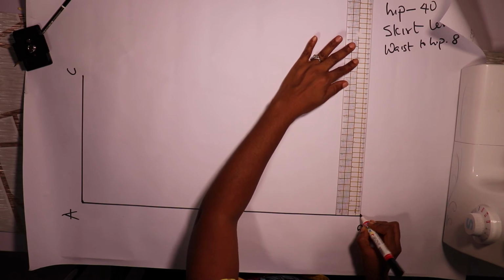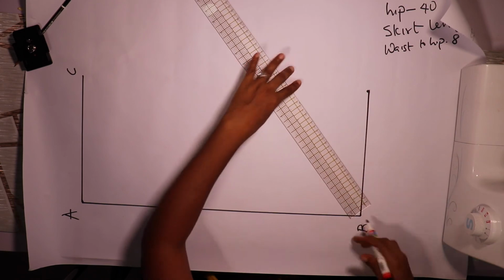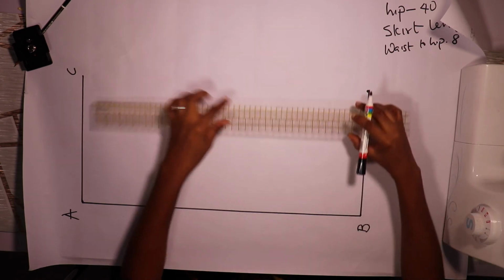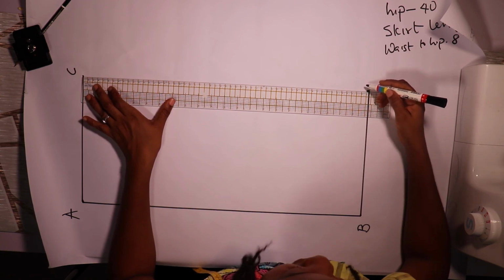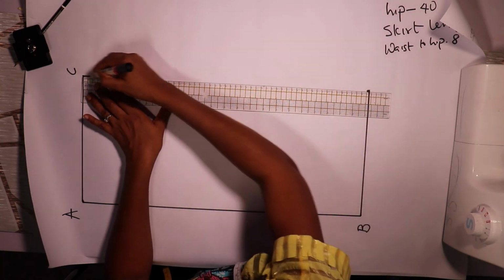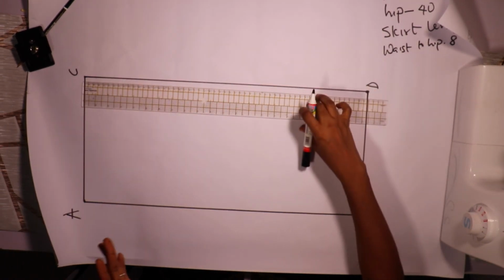Okay, it's on a straight line. This is 10 inches on my tape, so that's squared. I squared across, and then I'm squaring down from C to get my D. So I have my rectangle.